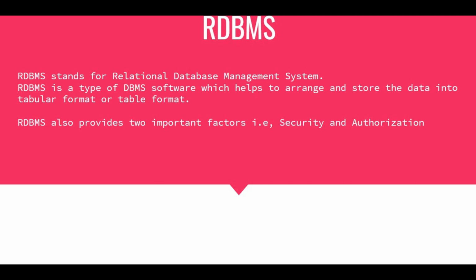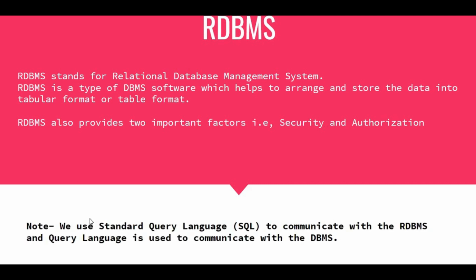If a database management system follows the relational model, that means all the data will be arranged in tabular format. So an RDBMS also provides 2 important factors, that is security and authorization. Note, this is very important for you all. We use Structured Query Language, that is SQL, to communicate with the RDBMS, that means Relational Database Management System. And the second one is query language, which is used to communicate with the DBMS.